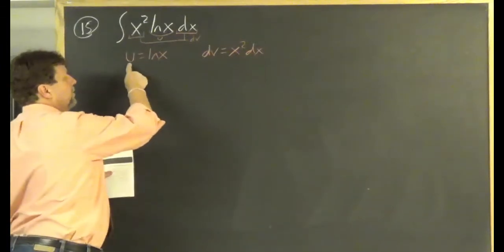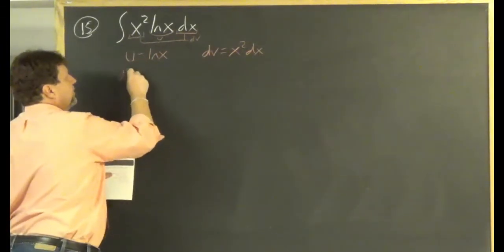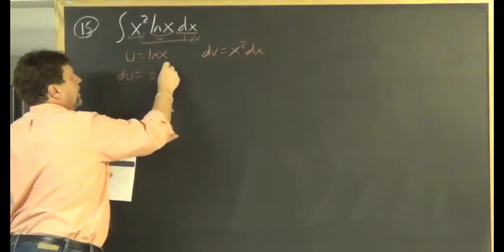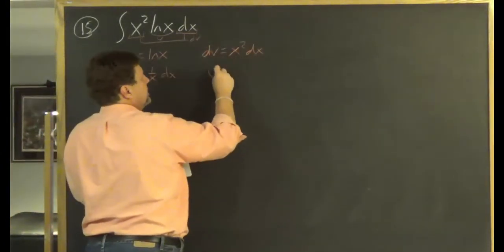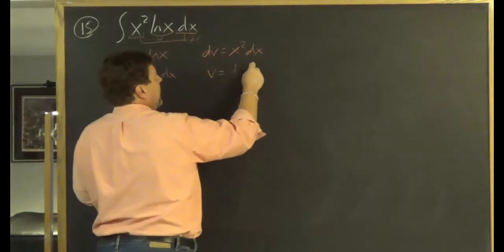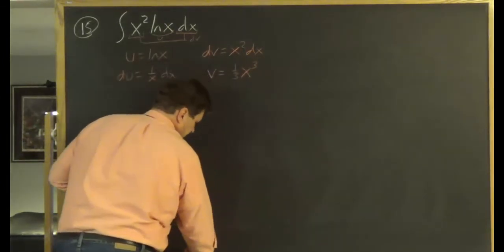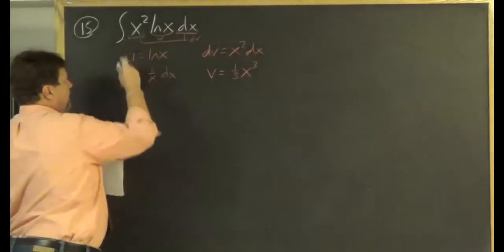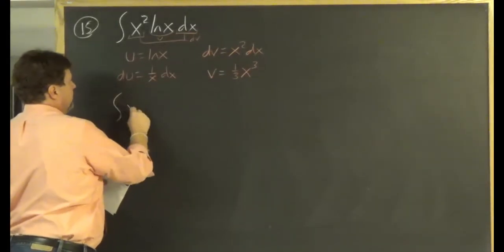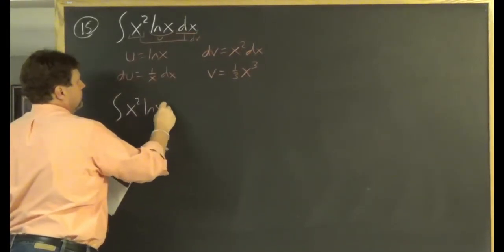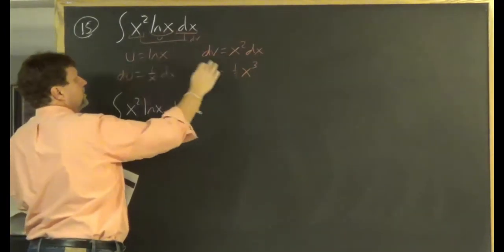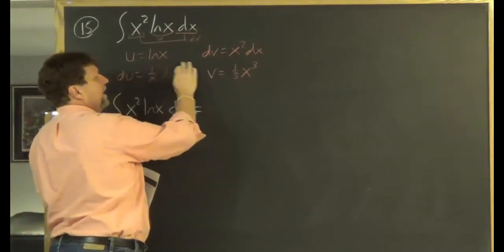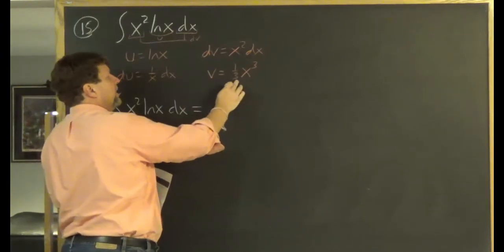Once I write down what u is, I have to compute the derivative du. That's 1 over x dx. If dv is x squared dx, then v is 1/3 x cubed. So when I crank this through integration by parts, it's u times v, so that's ln x times 1/3 x cubed.